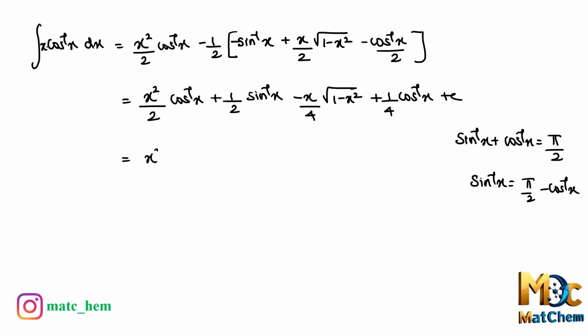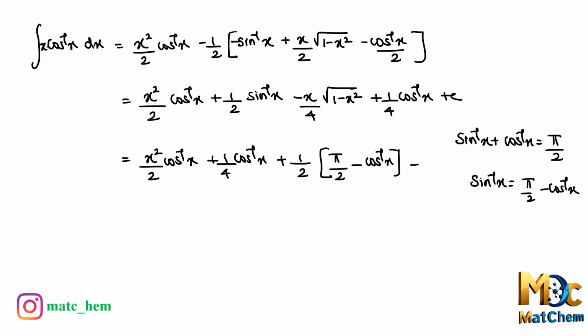So it will become x square by 2 cos inverse x plus 1 by 4 cos inverse x plus 1 by 2 into pi by 2 minus cos inverse x, minus x by 4 into square root of 1 minus x square plus c.